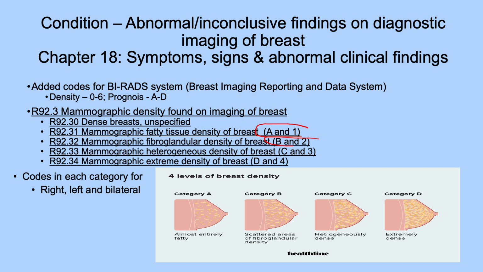So you have mammographic fatty tissue density, fibroglandular density, heterogeneous density, and then extreme density. Under each one of these codes there's also a code for right breast, left breast, and bilateral. So much more specific than just density, which was an abnormal condition. Then they added a density category and very specific codes under that.